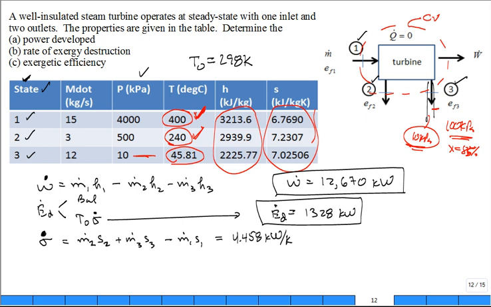What is the exergetic efficiency? I know we like to have just plug and chug, but for an exergetic efficiency, it's the flow of exergy that went into the work.